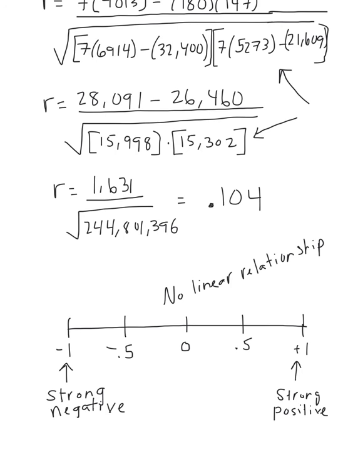But you need to talk about the direction and the strength. So the direction, positive or negative, and then either weak or strong. So 0.104, if we were to look at it like a number line, would be about right here. So the question asks, is there a relationship between the two types of crimes?